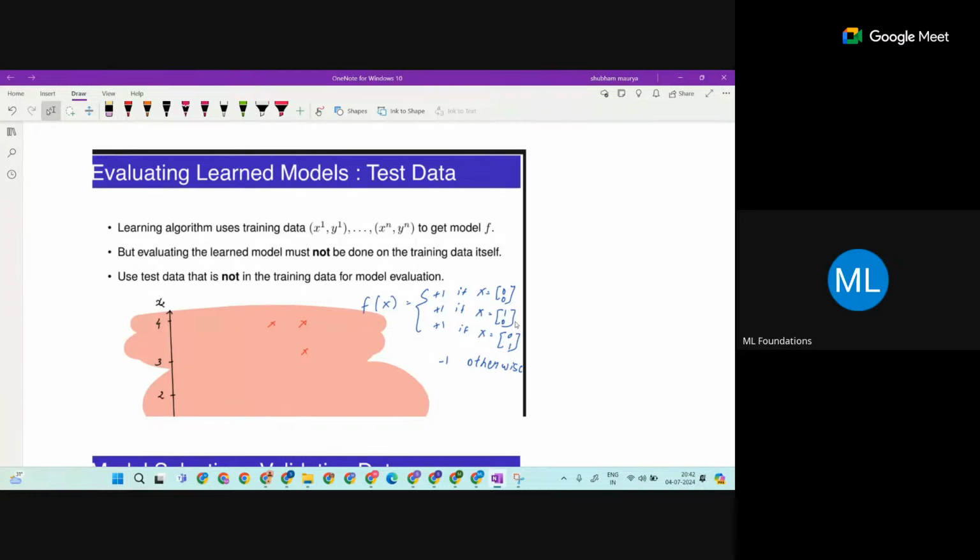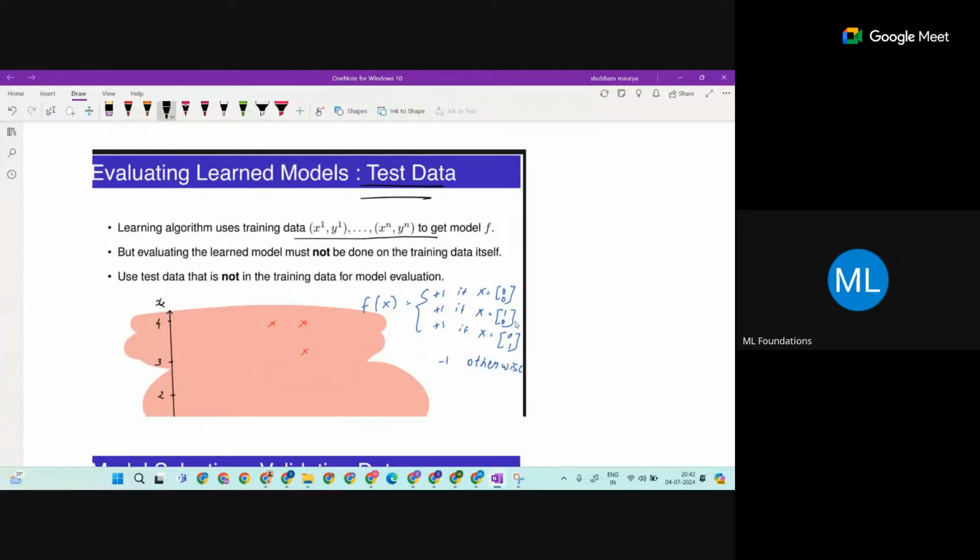Okay, so next is training data. Where we have some model, we'll try to see how suitable that model is. Now there is some other set of data, which is test data. Whatever training data we are given, we'll try to build a model.